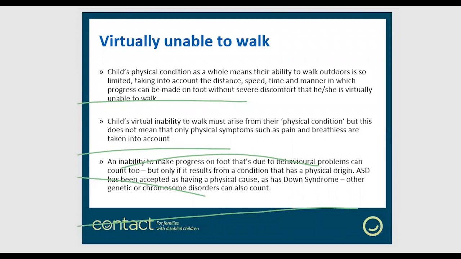So where a child has a physical problem, if they have, say, pain or severe breathlessness, what they're usually arguing is that their ability to walk without severe discomfort is so limited that they should be counted as virtually unable to walk.